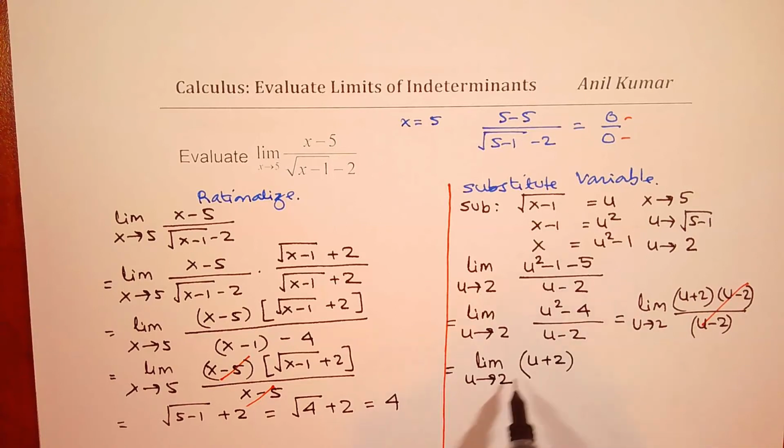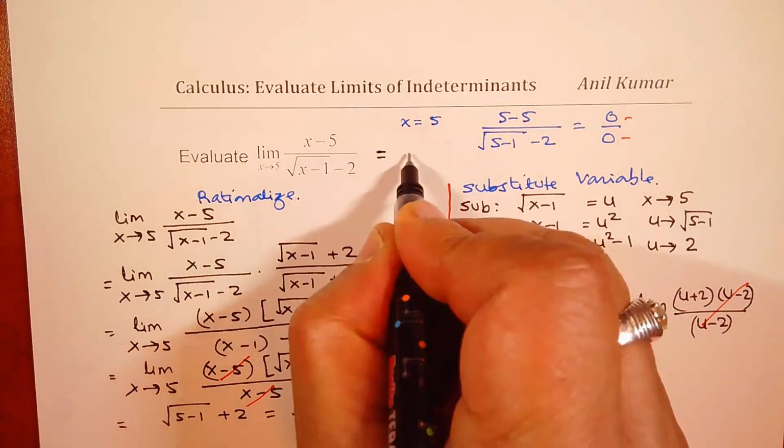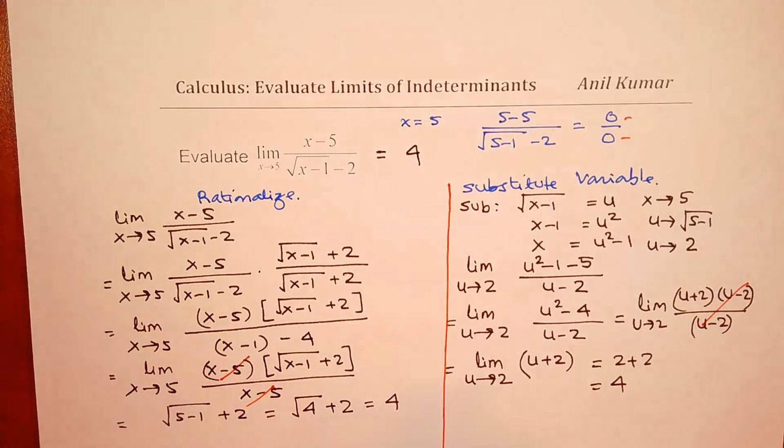We now substitute 2 here, so we get 2 plus 2, which is equal to 4. So we find that the limit of this expression is 4 using both these methods. Perfect. So that is how you could actually solve this question using different methods.